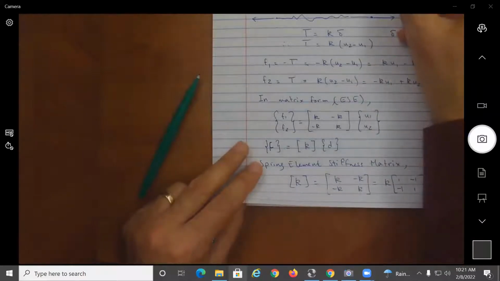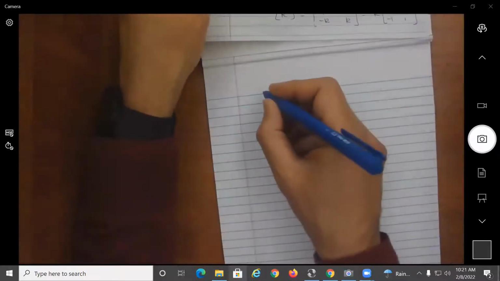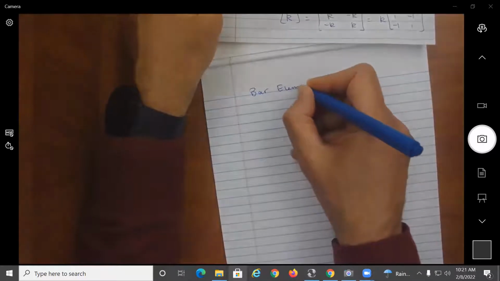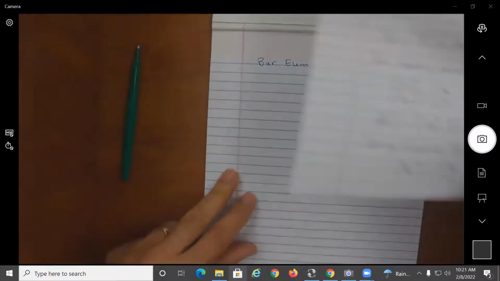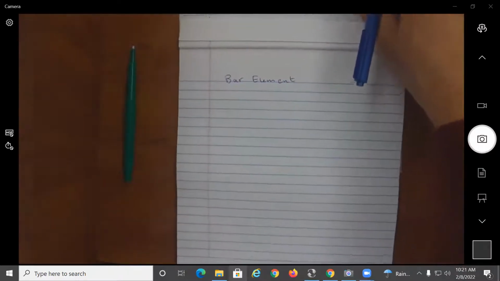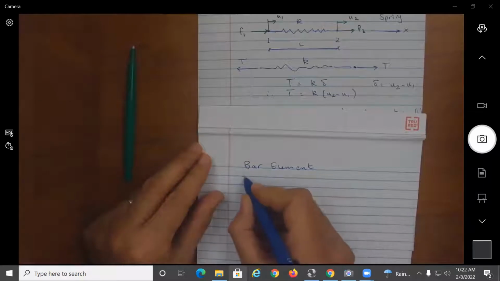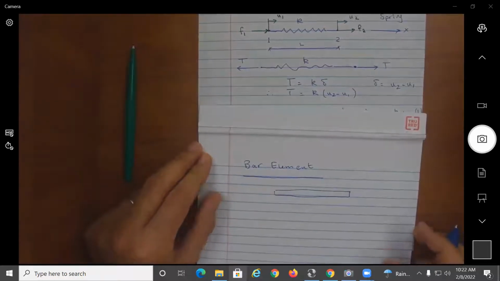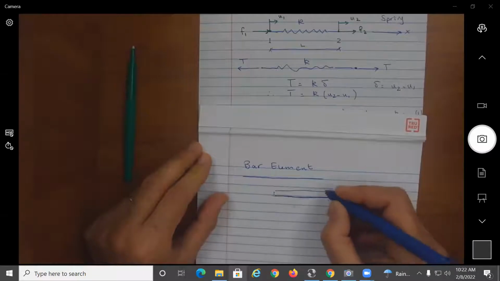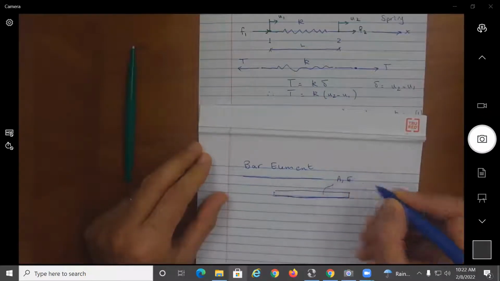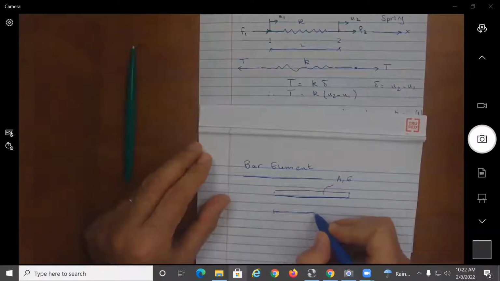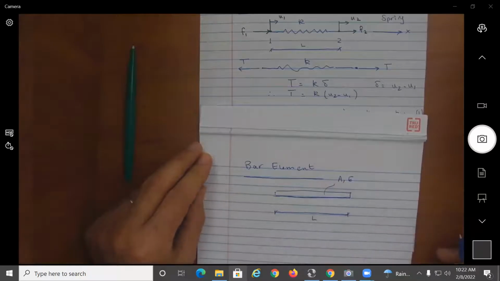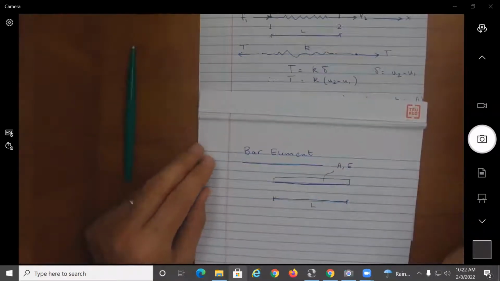So we started here with a spring. If I move to a bar, you will notice that a bar has a cross-sectional area A, a modulus of elasticity E, and a length L. And a bar is like a two-force member.